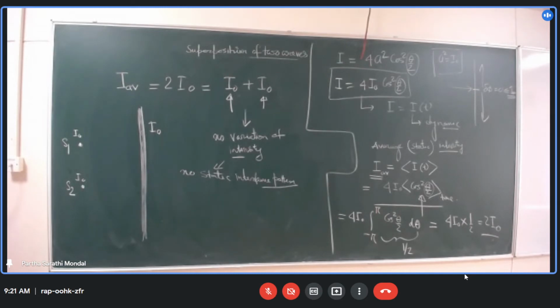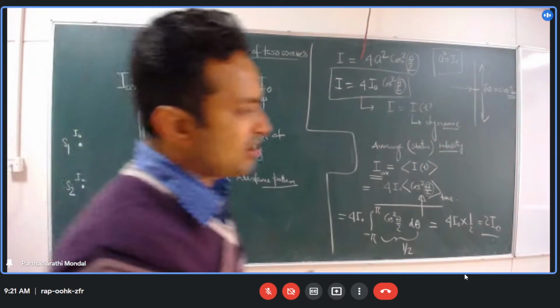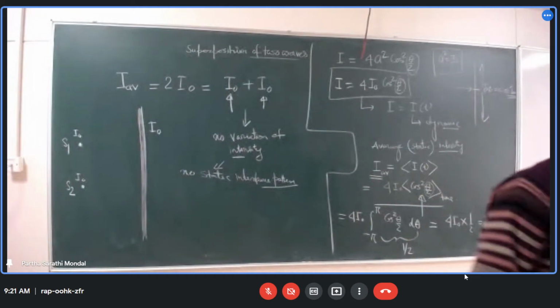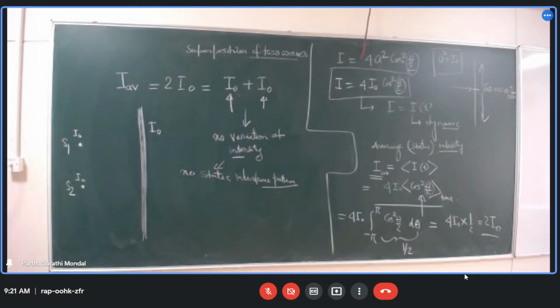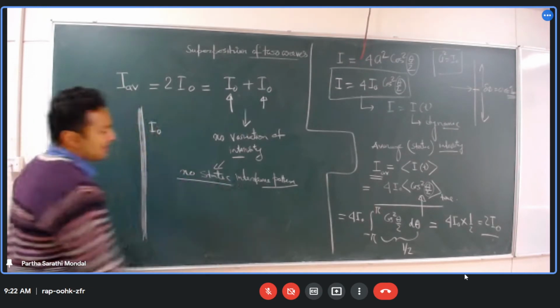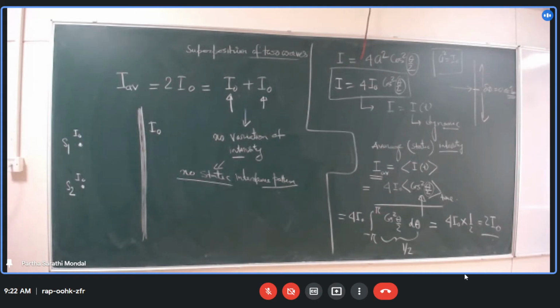That means their phase difference delta phi is not constant over time. So if you take the time average, at least what we have in our eye, you won't feel anything. There is an interference pattern, but our eye cannot detect it. So that's why we call it, at least there is no static interference pattern. Obviously, dynamic interference pattern will be there.